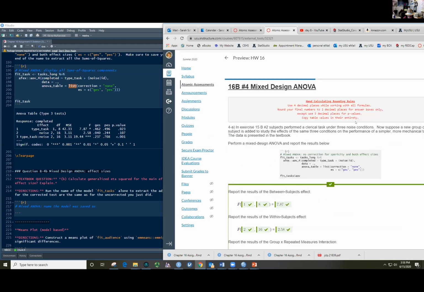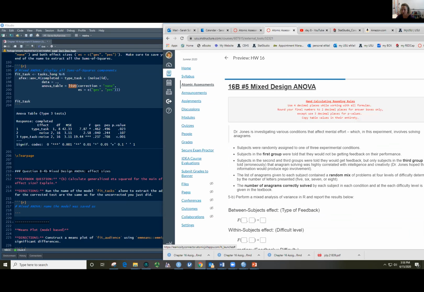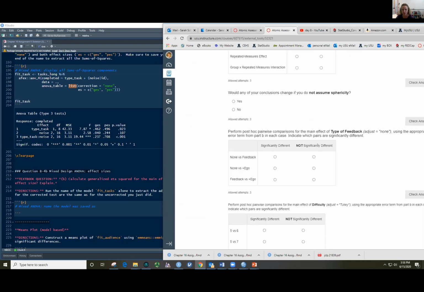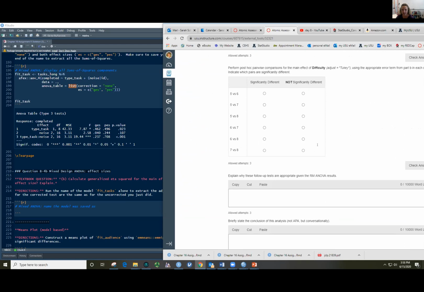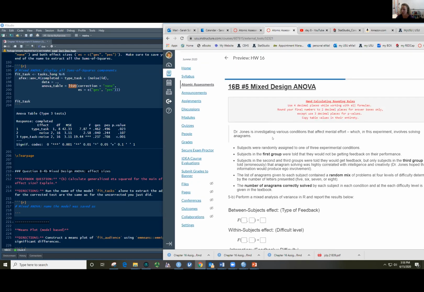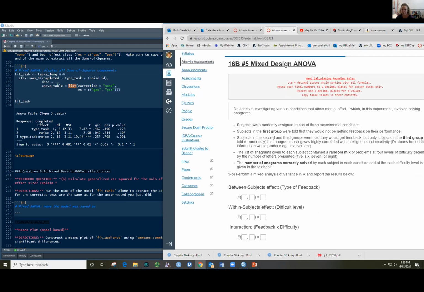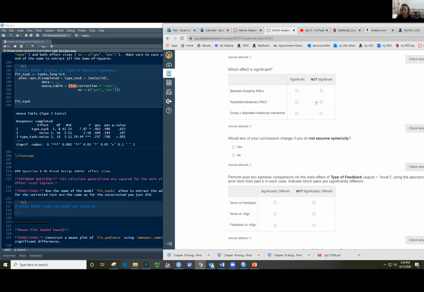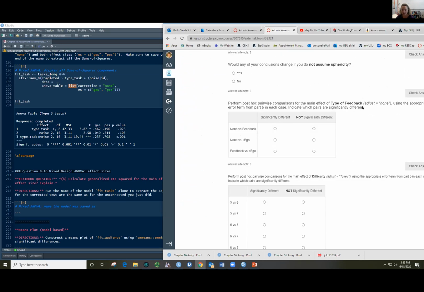Okay. How are we doing on time? Ooh, we're not going to get that article done. I'm going to skip this one and let you work on number 4, because it has you do another mixed design, get out the F values, what's significant, and what about assumptions of sphericity.